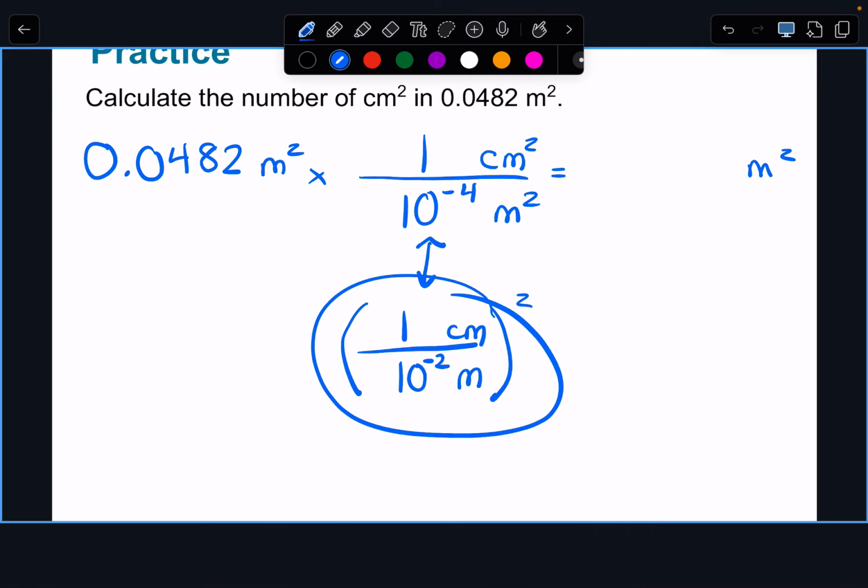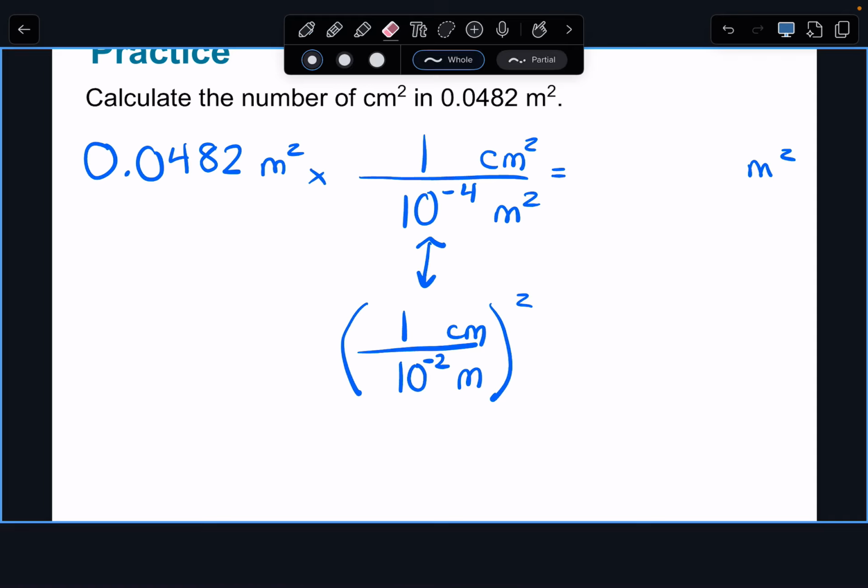So this is the metric conversion that we normally would have memorized. 1 centimeter is equivalent to 10 to the negative second meters. So that's what comes straight off the chart. But if we want to do this in terms of squares, we just square the whole thing. We square the conversion factor. So I put that as parentheses with a squared, but you're going to apply that square to every little part of the conversion factor.